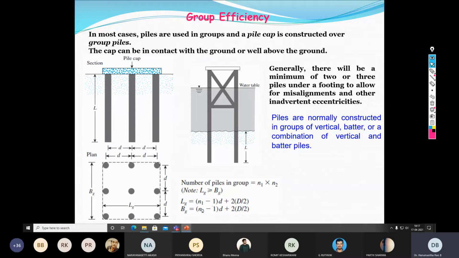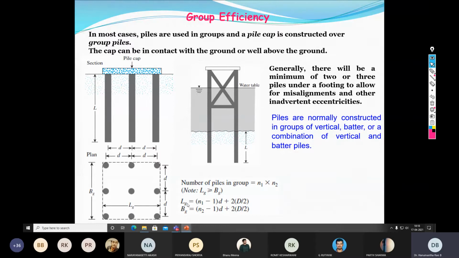The total length of the pile group Lg is nothing but (n1 minus 1) into D, plus, since D is always measured from center to center of the piles, half the pile diameter on one side and another half from the other side will be added, that is 2 times D by 2. Similarly, in the width direction, (n2 minus 1) into D, effectively the number of spacings.